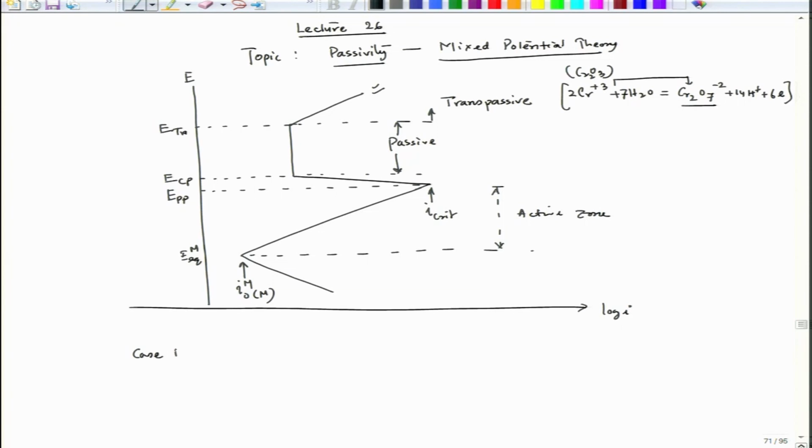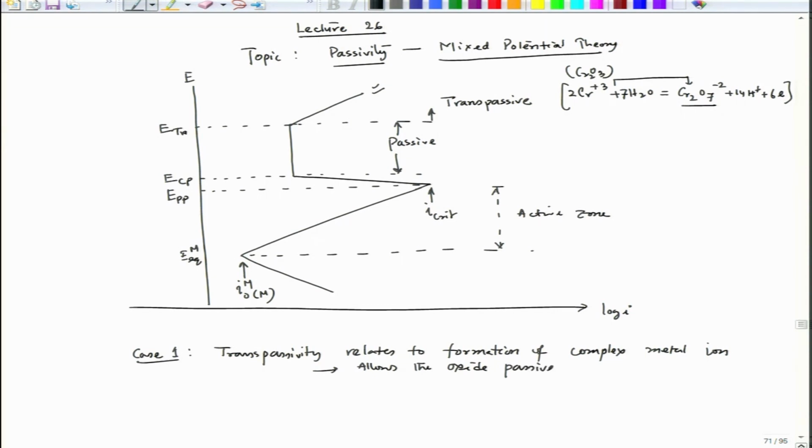Now, this is one instance. So this is case 1, where transpassive relates to formation of complex metal ion which allows the oxide passive layer to dissolve.